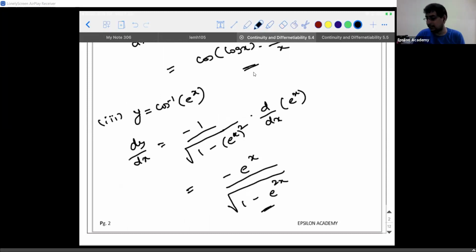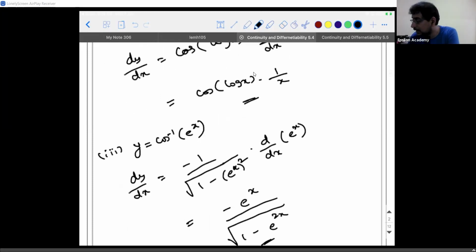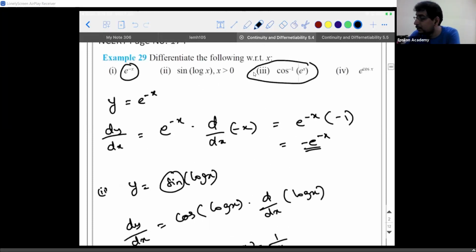Okay. Next. The last problem is the derivative of e power cos x.